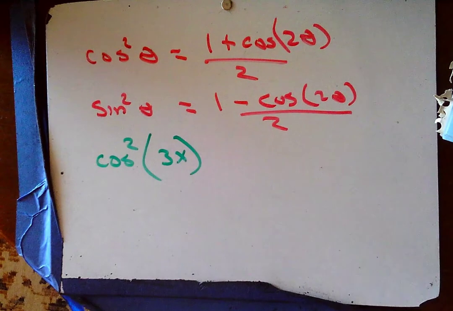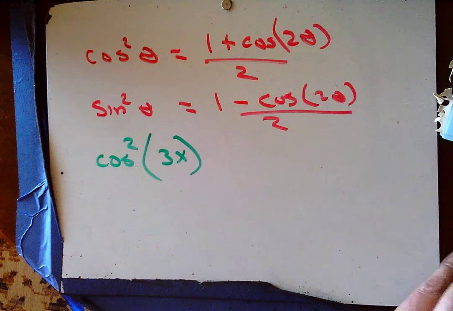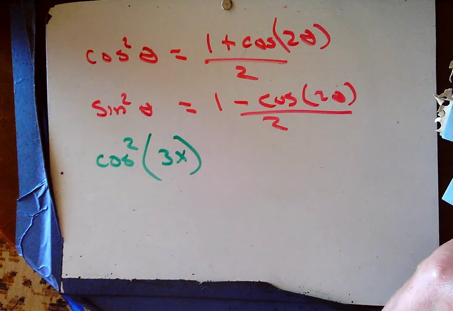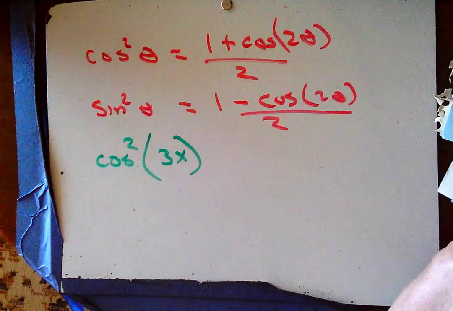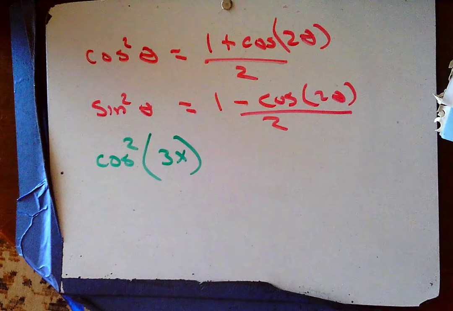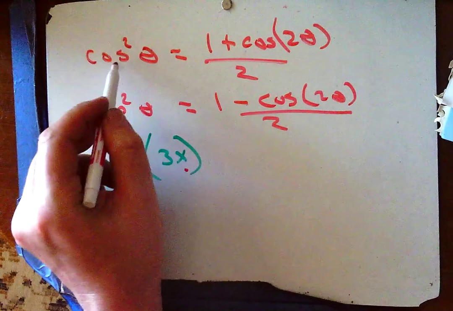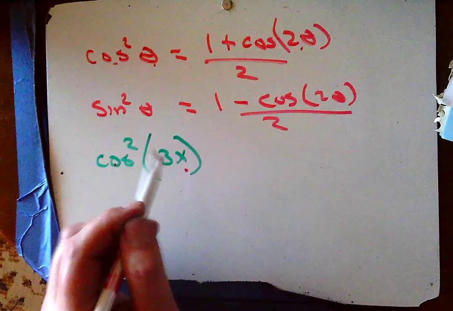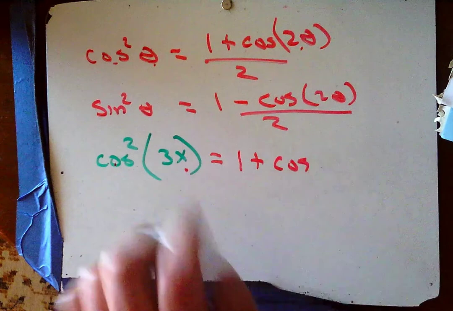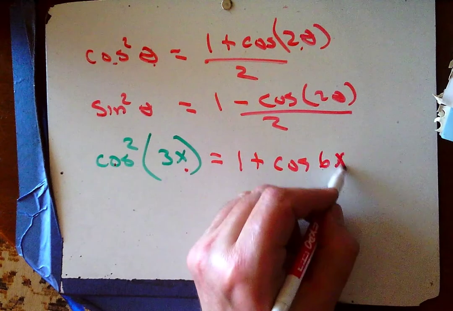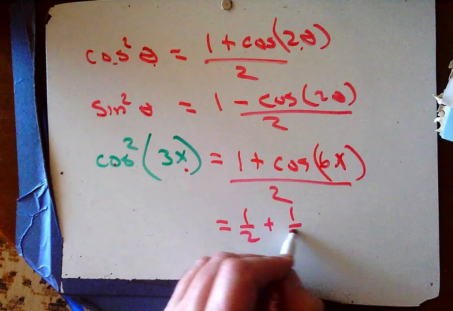What will that be? Okay, so remember when I use the power reducing identity, that angle doubles. So I'm going to have 1 plus cosine, the angle doubles, 6x all over 2. And I would probably split that into 2 fractions.